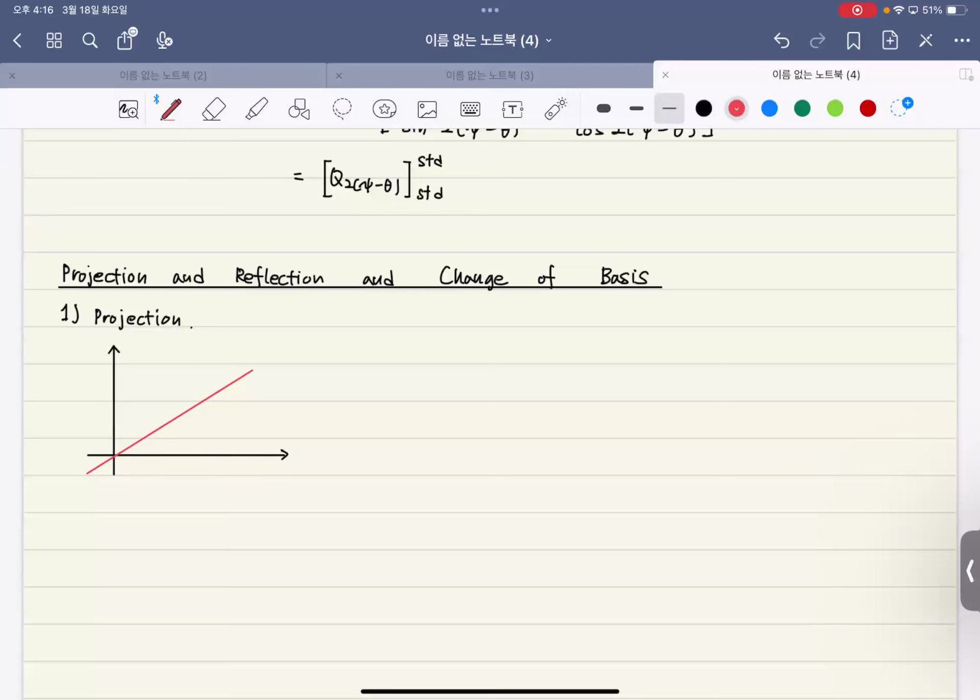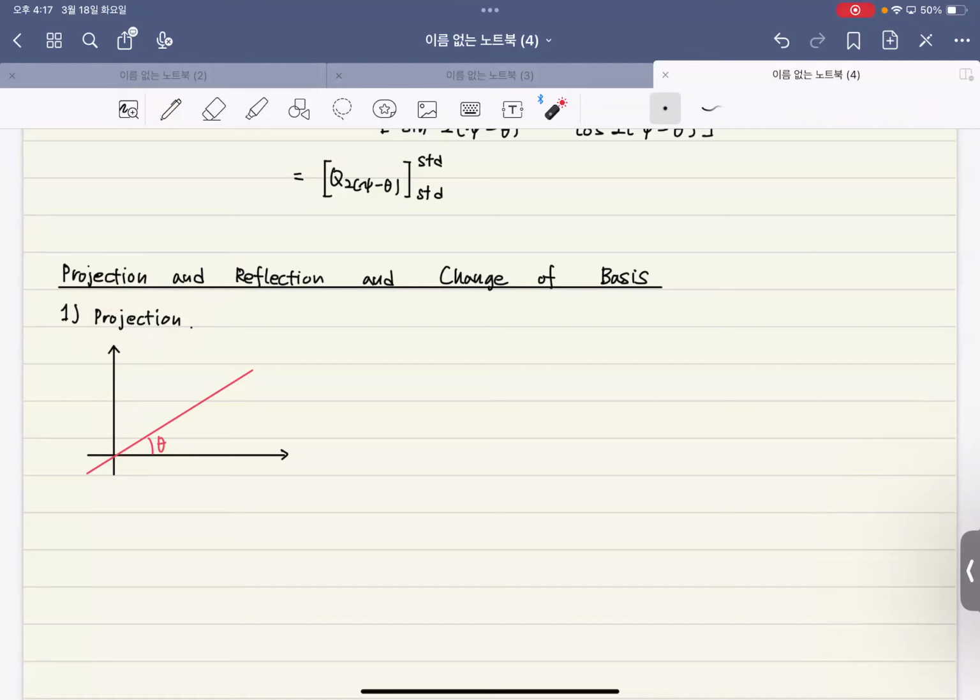This is the theta line. Previously, when I was trying to get the matrix representation of this transformation, I used the standard vectors E1 and E2. But the choice of standard basis vectors is only useful in a psychological way.